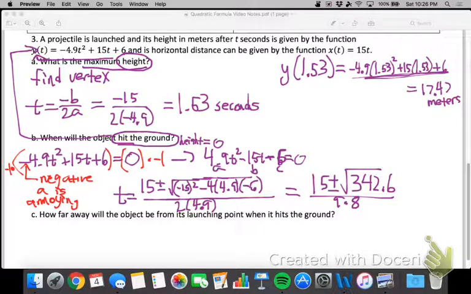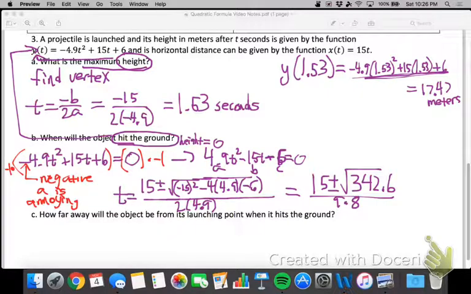And two, this is more important, we want to know when the object hits the ground. So we want that answer as some approximate decimal number, not as some number with a radical. If you tell me the ball hits the ground in 15 plus square root of 342.6 divided by 9.8 seconds, your response will be somebody giving you a funny face, because that number doesn't make sense.